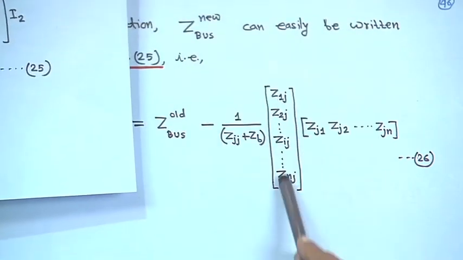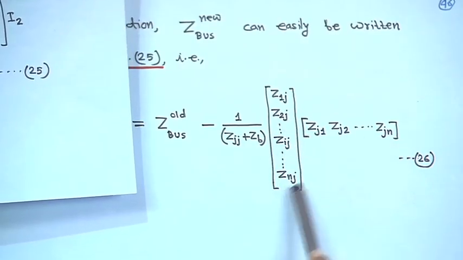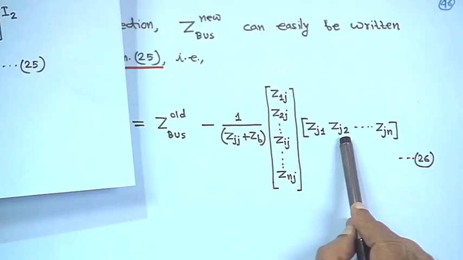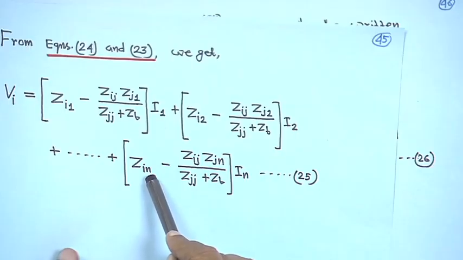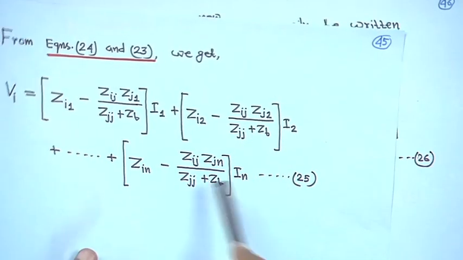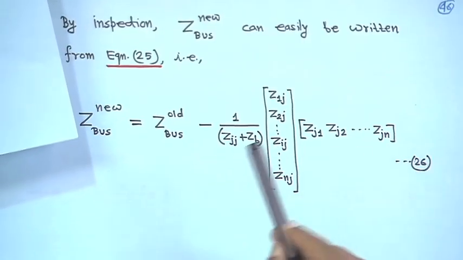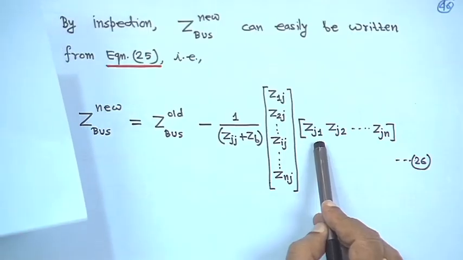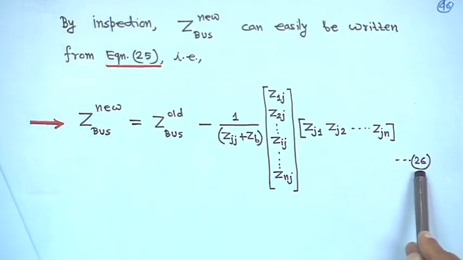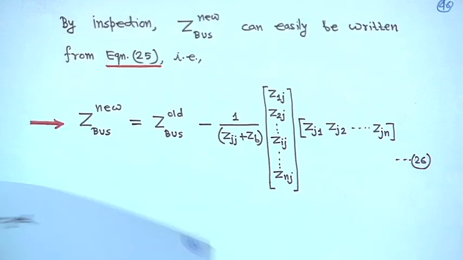These are the old elements of the old Z bus matrix, and this term has been written in this form so that computationally you can compute this way, right. And Z1j is equal to Zj1, it is a symmetric matrix. This is equation 26. This is actually the type 3 modification, right.